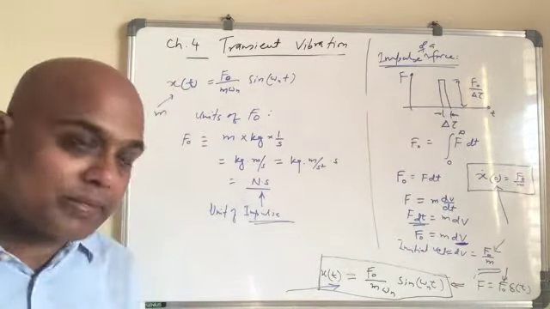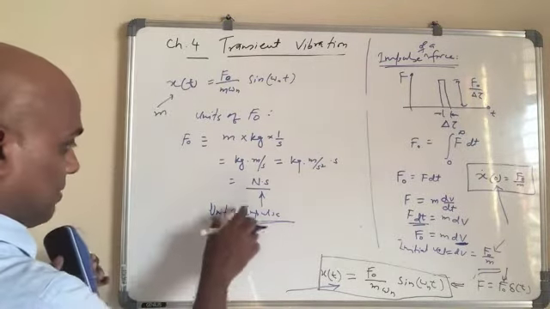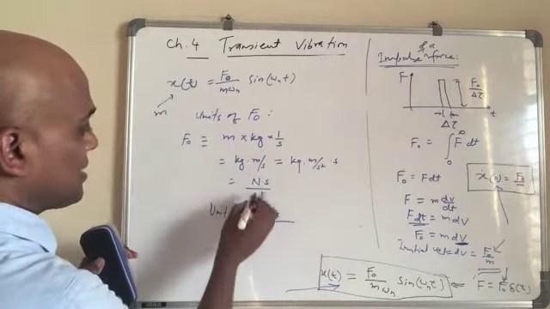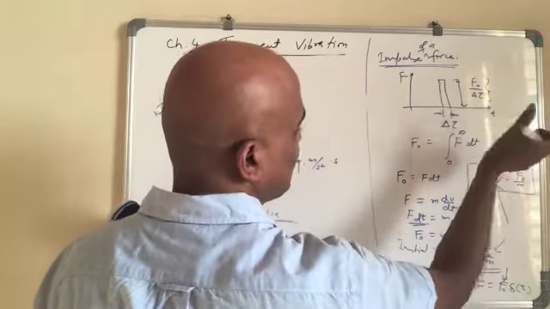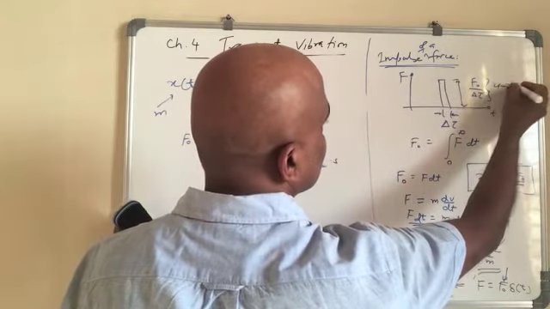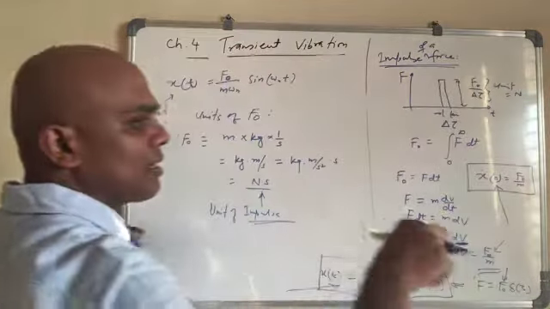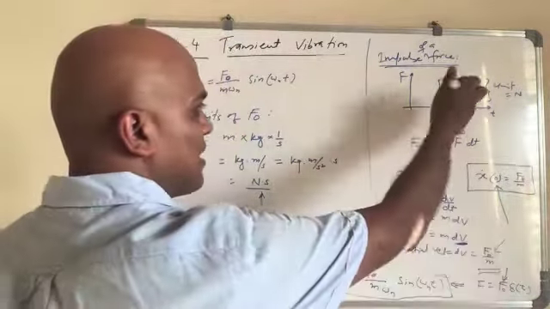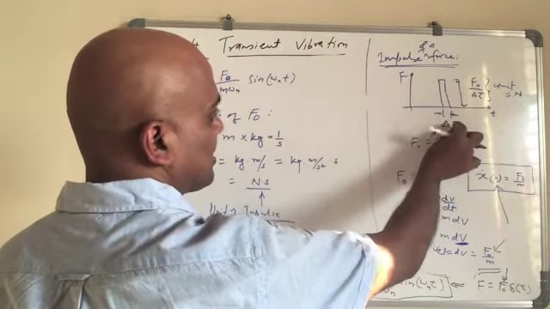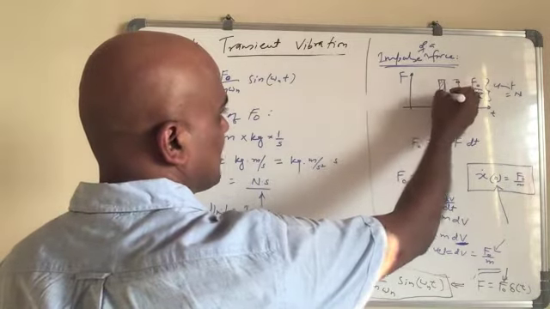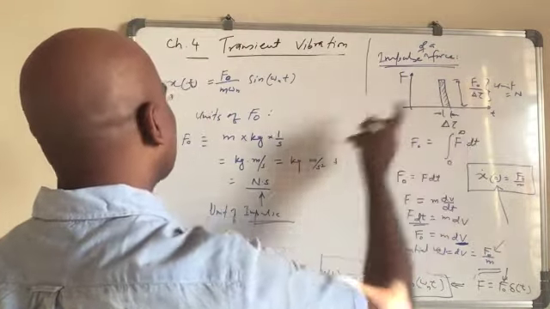Since f naught has the unit of impulse, Newton multiplied by s, the unit of f naught over delta t, where delta t is in seconds, will be Newton. So basically it shows that some Newton force is being applied for some time delta t, such that the integration is f naught, so f naught is an impulse.